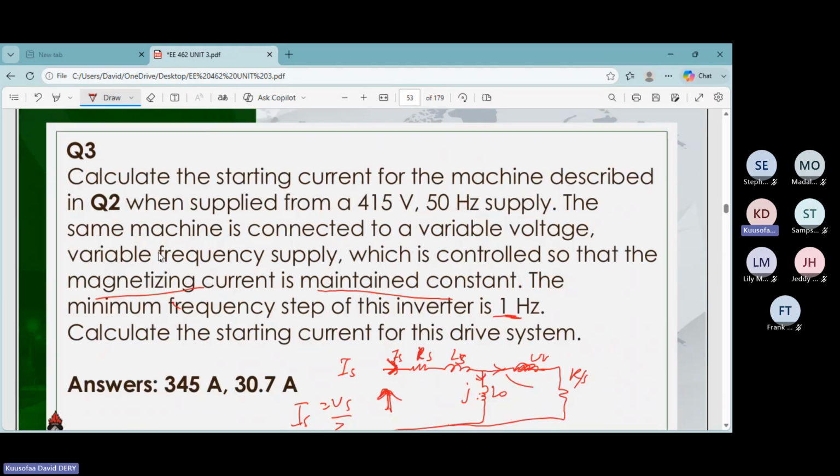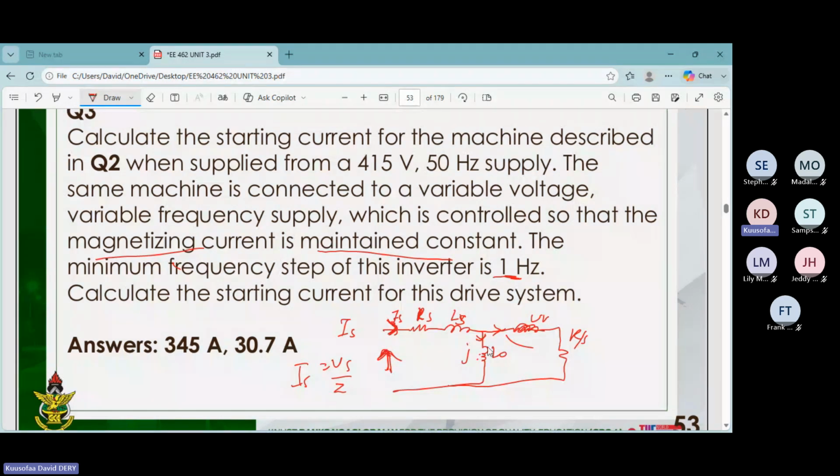Then the second part: we've been told that this is fed from a variable voltage, variable frequency supply. We are told that this is the step frequency. For that particular one, this one and this are in parallel, so the voltage across this one and the voltage across that one are going to be the same.